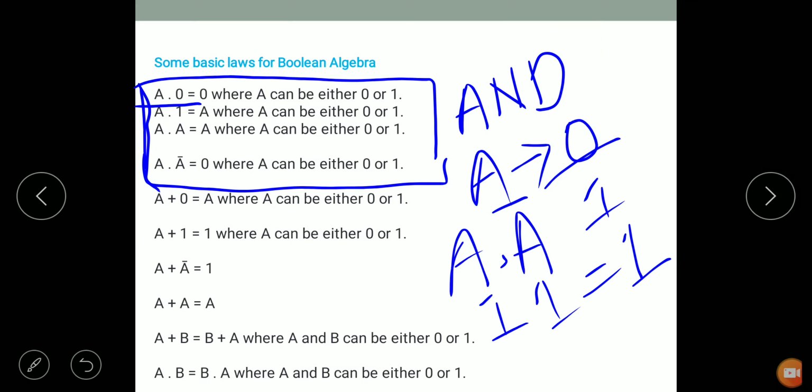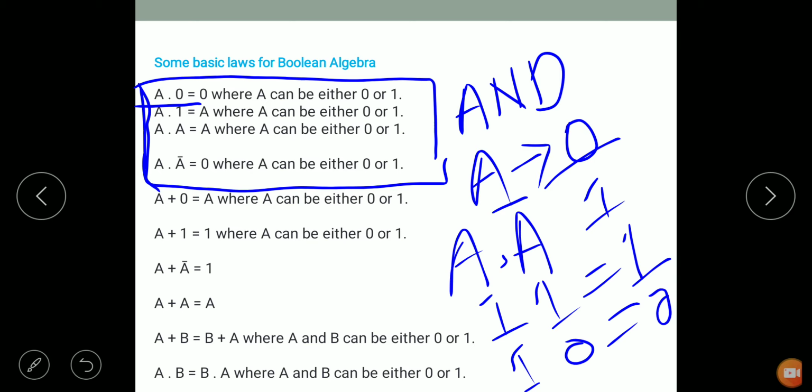If this a is 1, then a bar provides 0, so the answer is 0. Here also 4 combinations are possible. So this is called the AND law.